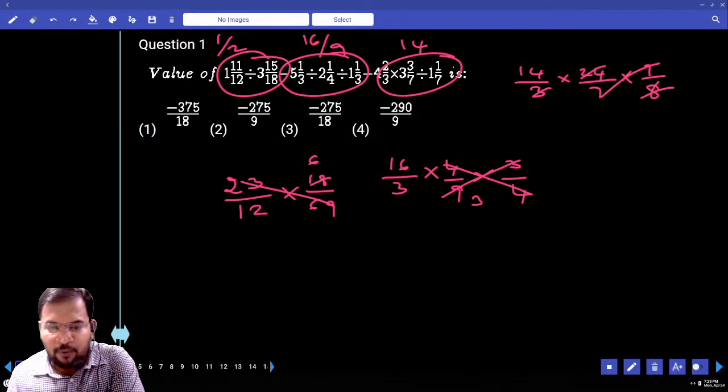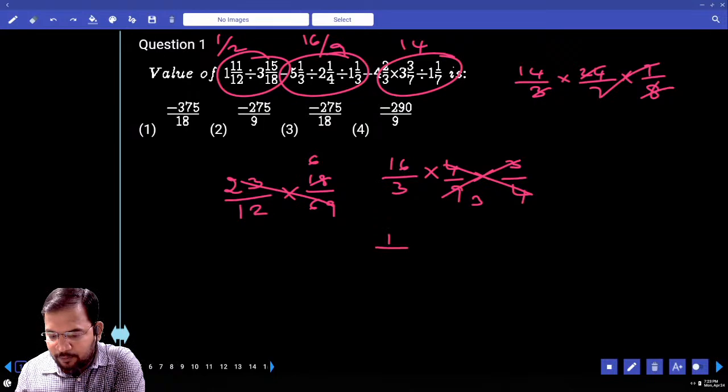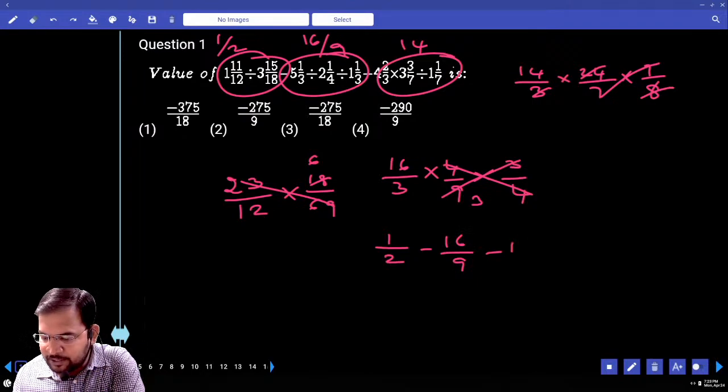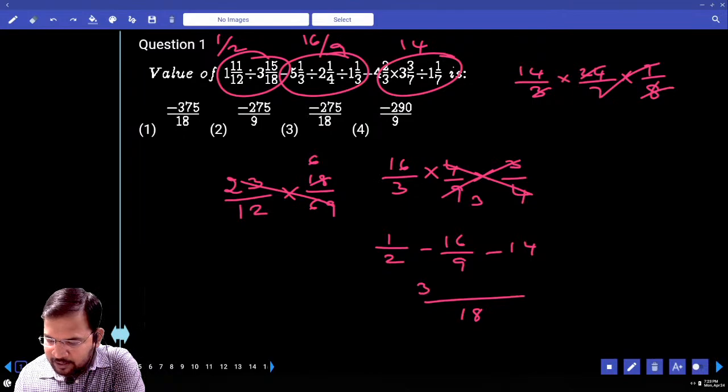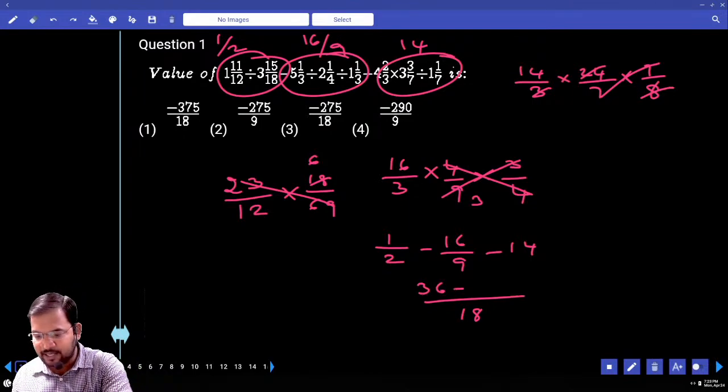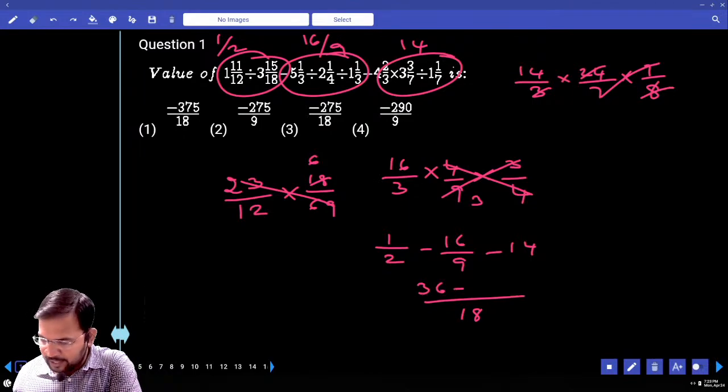So 1 by 2 minus 16 by 9 minus 14. 2 9s are 18, the LCM of 2 and 9 is 18. Next, 9 how many times? 2 times, 32.